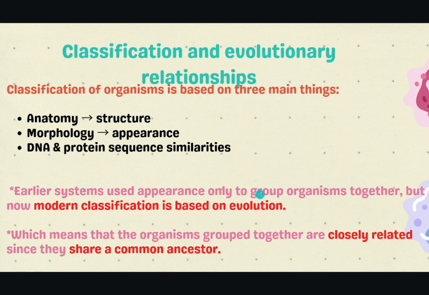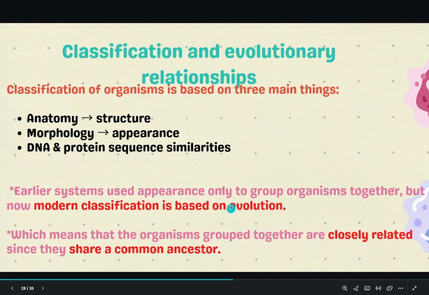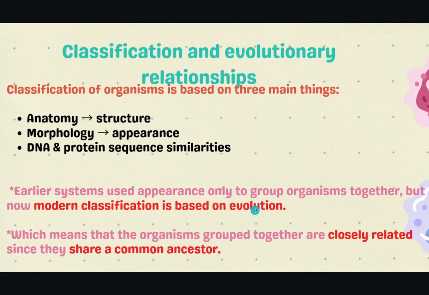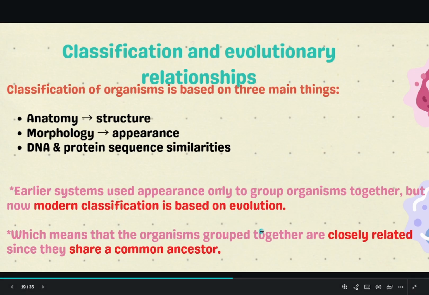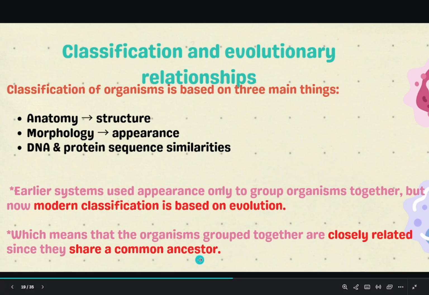And what evolution means is that the organisms that are grouped together are more closely related because they share a common ancestor. So in modern classification, organisms that have been grouped together had some link. And what link did they have? They share a common ancestor in between. So if they're closely related, that means they share a common ancestor recently.